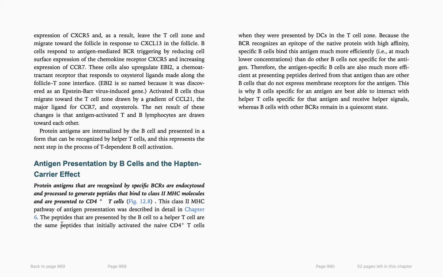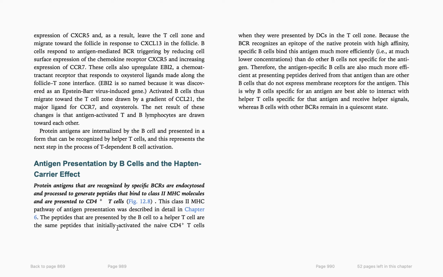The peptides that are presented by B cells to helper T cells are the same peptides that initially activated the naive CD4 T cells when they were presented by dendritic cells in T cell zones.